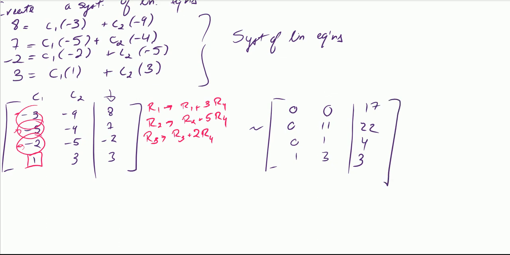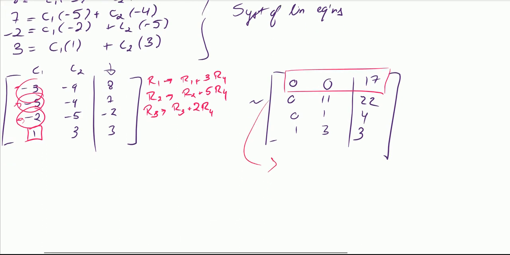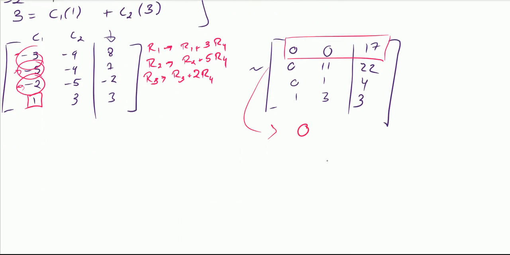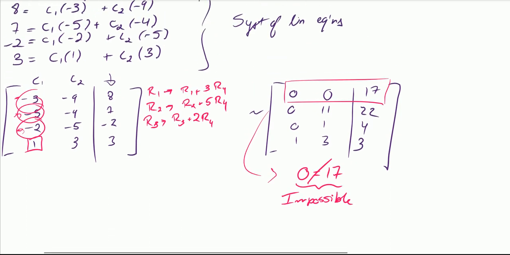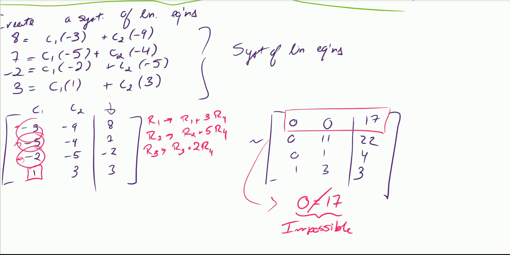Okay, so I can actually stop here in my row reduction, and I can say that because of this, I basically have an inconsistency, because this means that 0 is equal to 17, which is impossible. This is not true. But that's what my system of linear equations gives me.